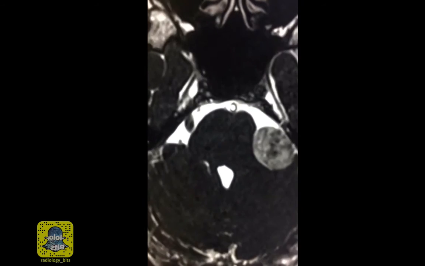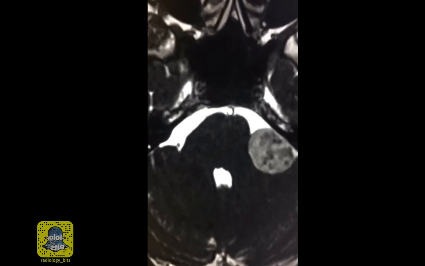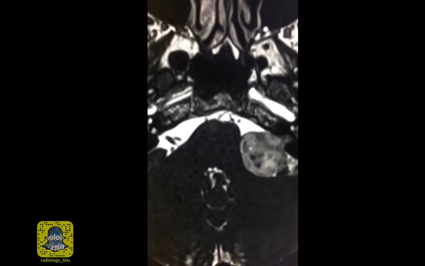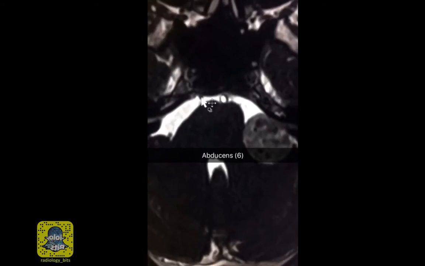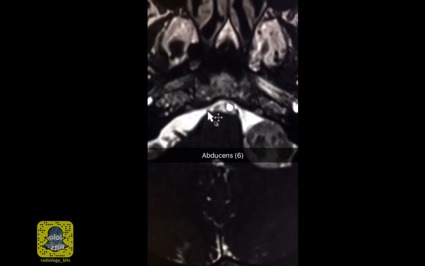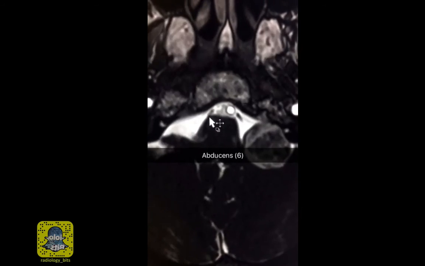So as we go lower down and looking immediately below the pons, you'll notice this nerve here. So let's follow that here. And this is the 6th cranial nerve, also known as the abducens nerve.